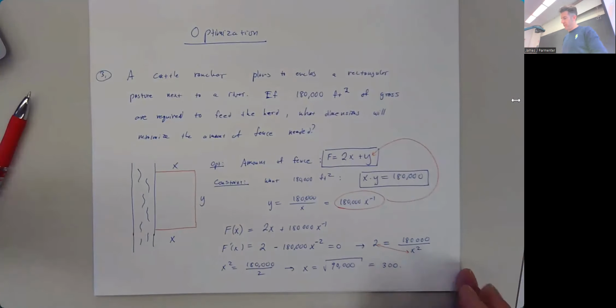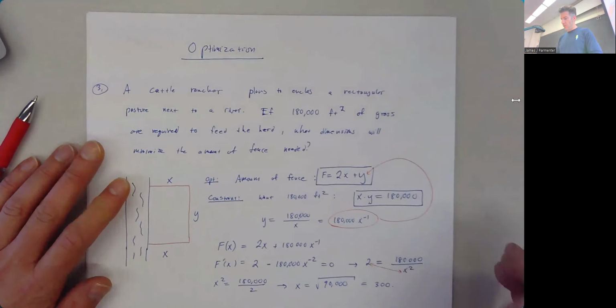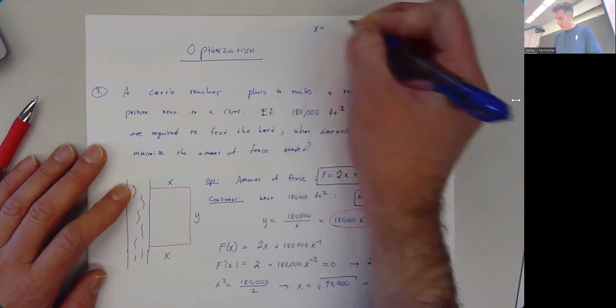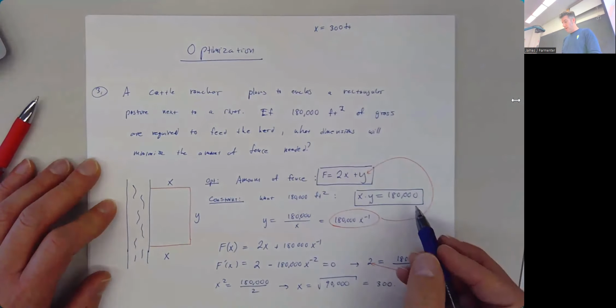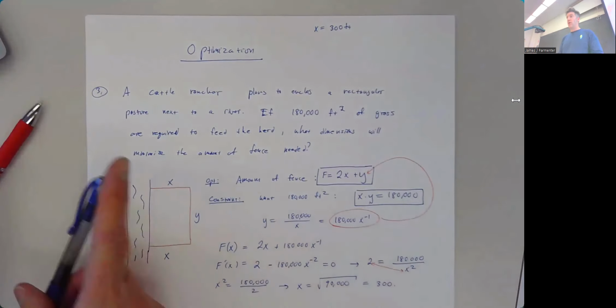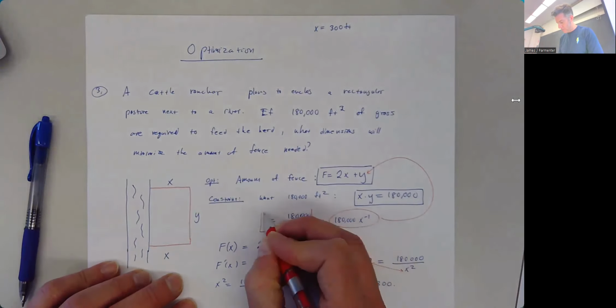So here, let's go ahead and write it here. We know that x needs to equal 300 feet. And then I can find out what y is because we almost always have an equation for what y is in terms of x.